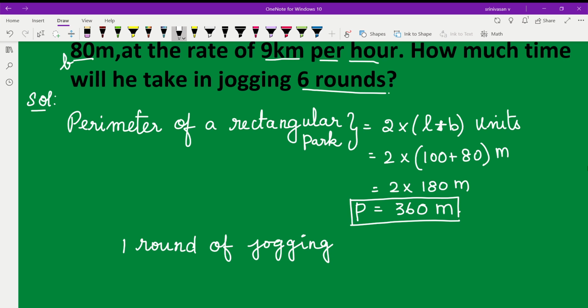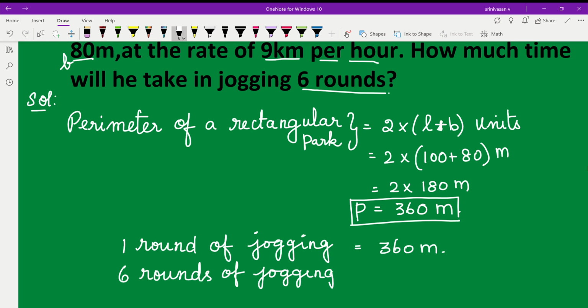It is 360 meter. We need to find 6 rounds. 6 rounds of jogging. That is 360 multiplied by 6.